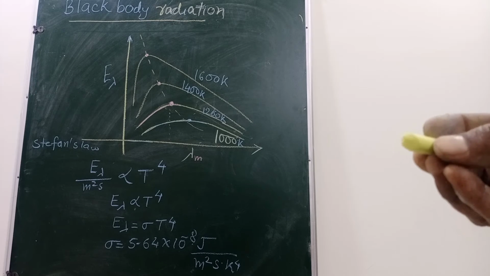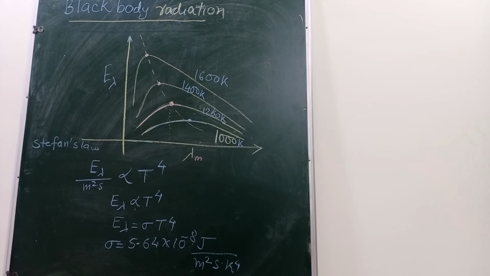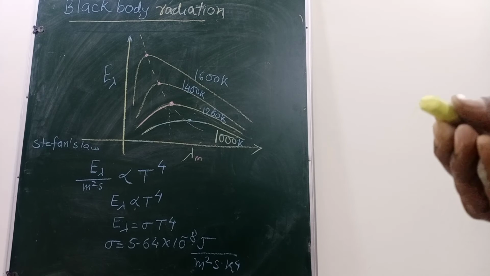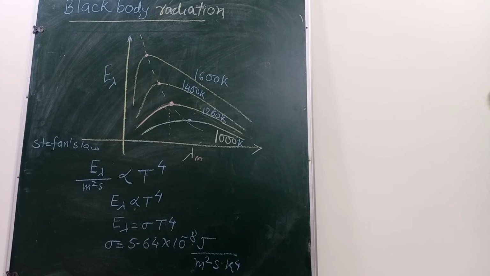So when chalk appears yellow, that means it is reflecting the yellow color and it is absorbing all other colors except yellow. So anything which appears black is absorbing all the radiation which is falling over it and it is not reflecting anything.